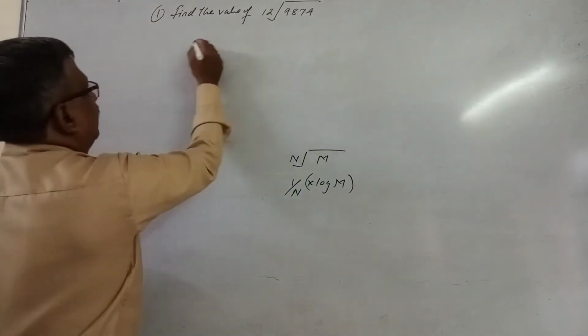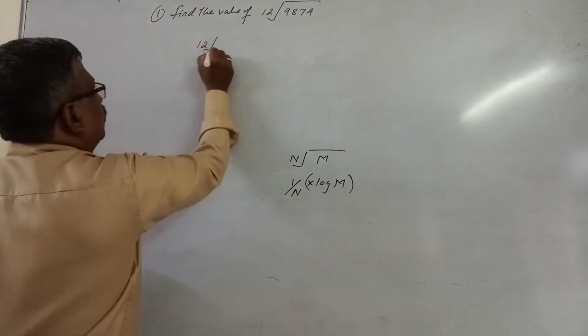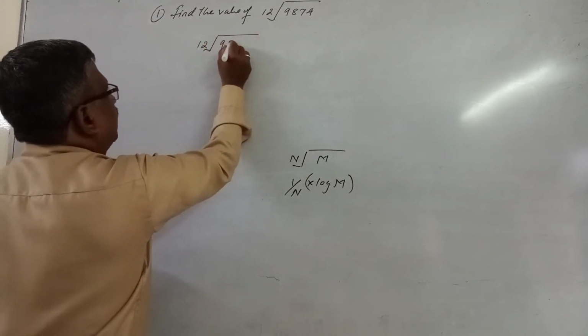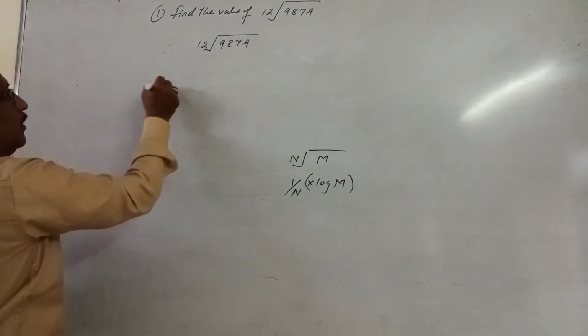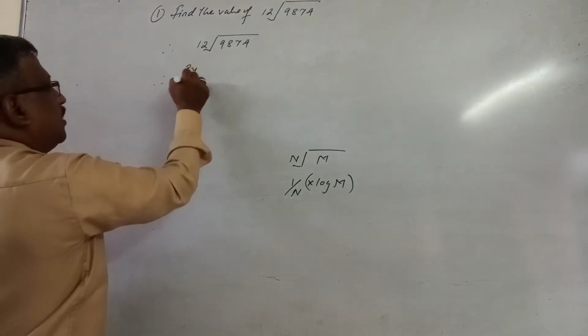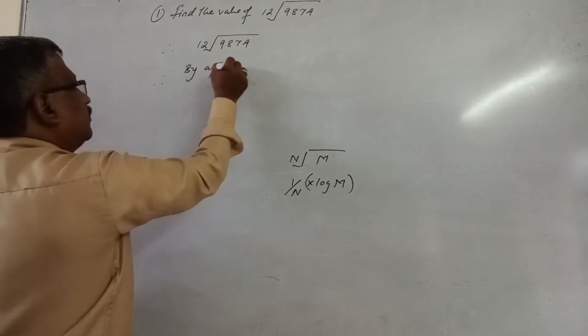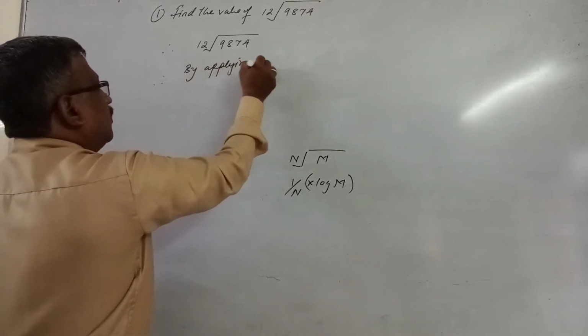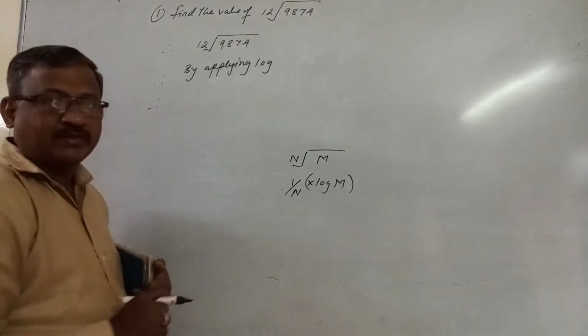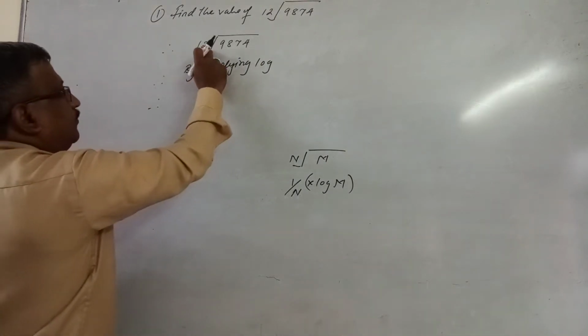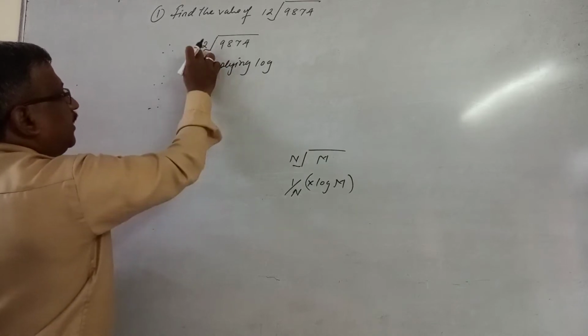So again I will rewrite the problem. It is the 12th root of 9874. Now, as it is, you apply the log. First you have to cancel the 12th root, and if you cancel the 12th root, we have to write it in its reciprocal form.